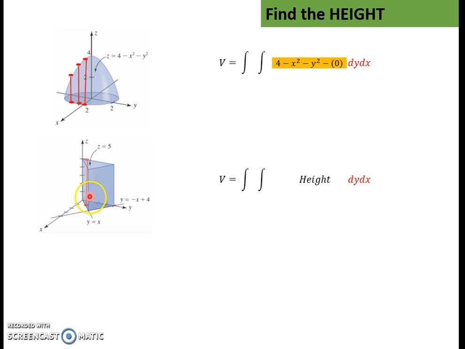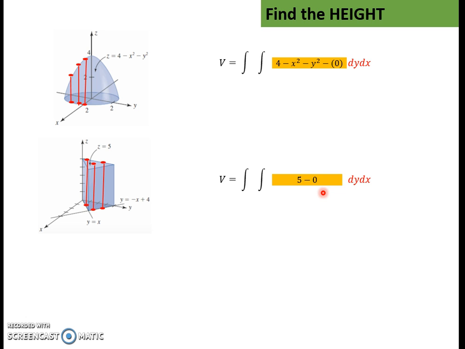In which the height is always equal to the top function minus the bottom function. Therefore, the height is always equal to phi minus 0 because the top function is always equal to phi, while the bottom function is always equal to 0.